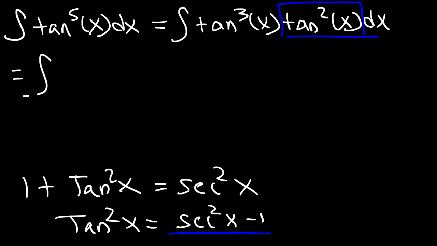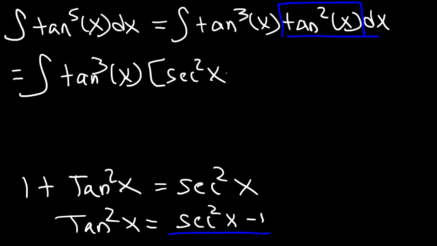And so this will give us the integral of tangent to the third power times secant squared minus 1. So what we're going to do at this point is distribute tangent cubed to secant squared and to negative 1, and split the integral into two separate integrals at the same time.